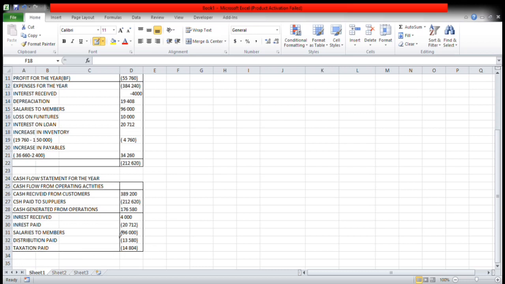Okay, so with the cash flow from operating activities, the total amount here, we're going to start from here. You're going to add your less in order for us to get the cash flow from operating activities.